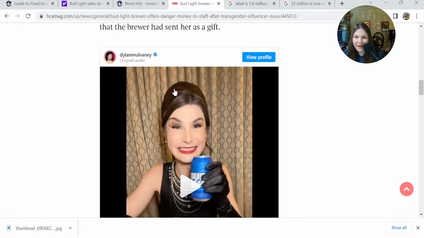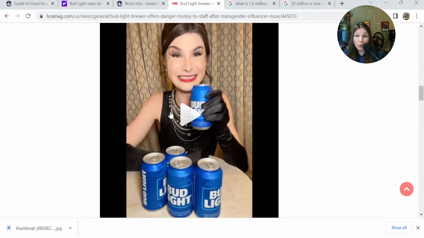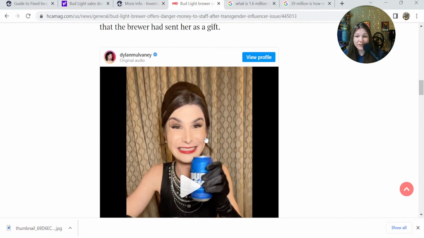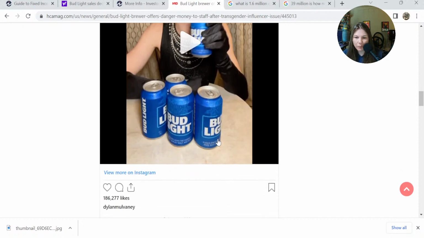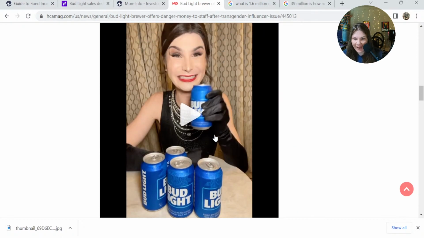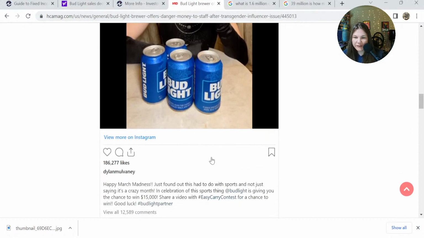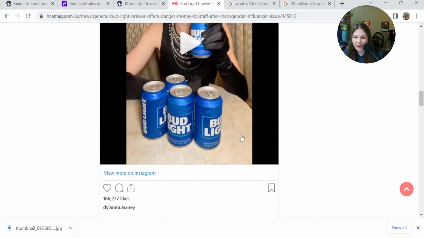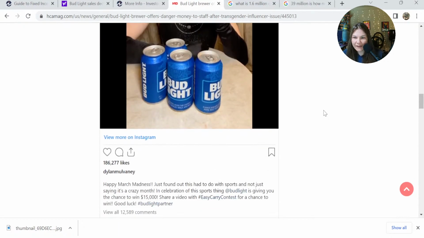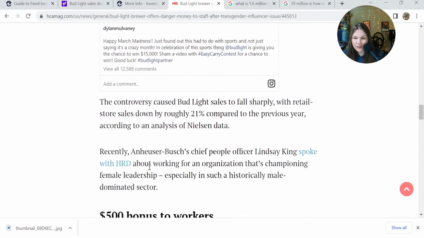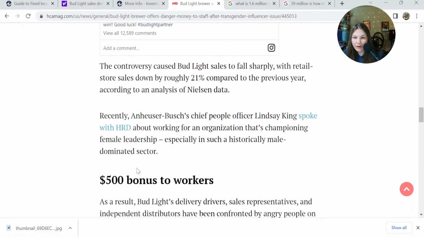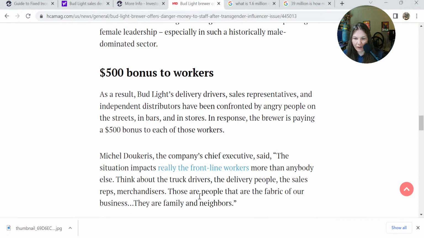I don't care if you agree. I don't care if you disagree. I don't care if you are transgender. I don't care if you have a transgender mom. I don't care. That's not the point here. The point is that we're going to cancel Bud Light because of less than 1% of people being transgender. Or we're going to cancel Bud Light because 1% of our country, 39 million people, are suffering from alcoholism, guys. I think that is why we should shut down Bud.